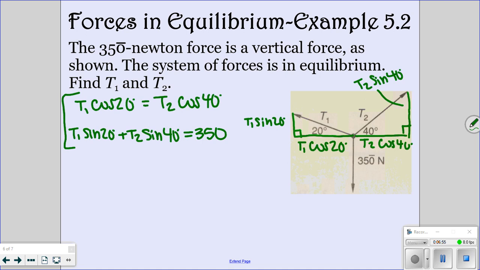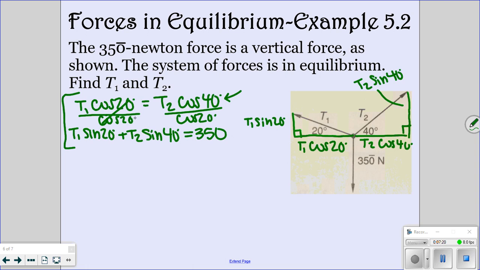Now again, we can't solve for a variable because we have two variables in our equation. So what we're going to have to do is solve for one variable and plug it into the other one. So I'm going to take this equation and divide by cosine of 20 to solve for my T1.